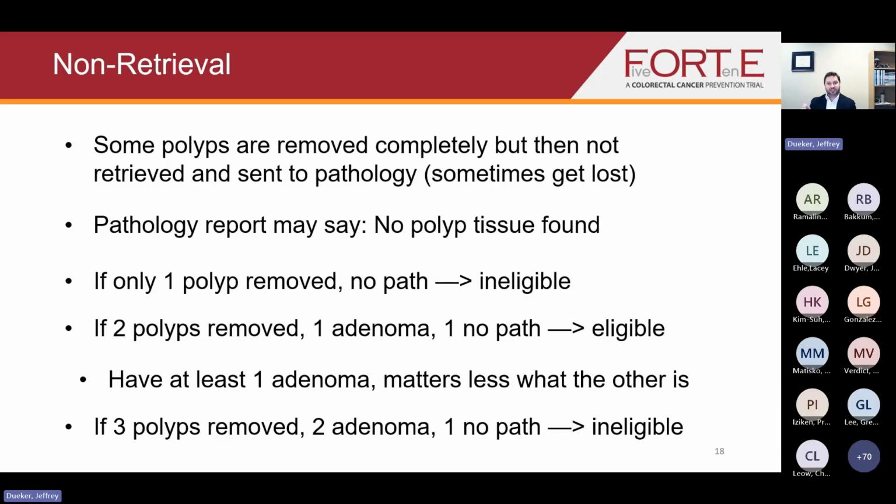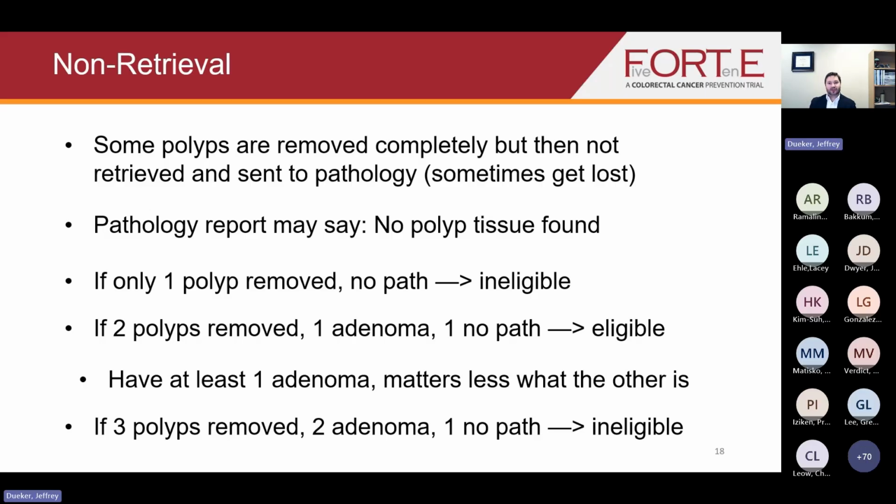And a good follow-up question is, what if the unknown polyp was tubulovillous? That's another good question. You're right that we don't 100% know. It's just that the chance that a polyp that's small, less than 10 millimeters, actually being a tubulovillous adenoma is quite low.